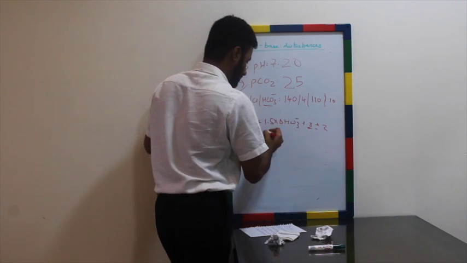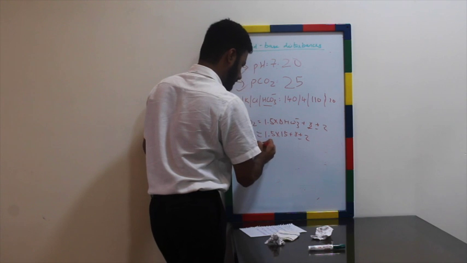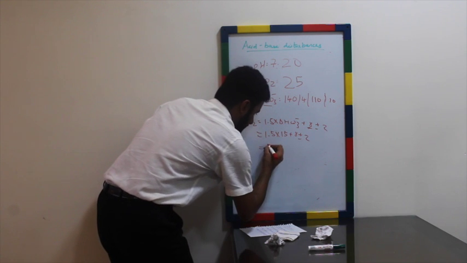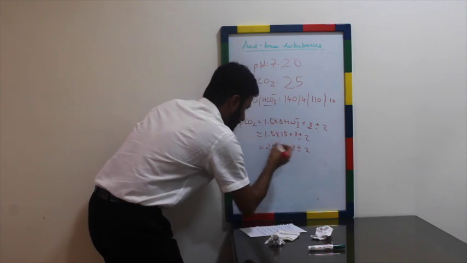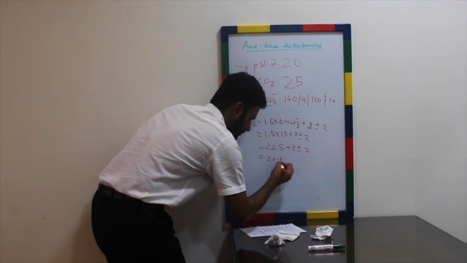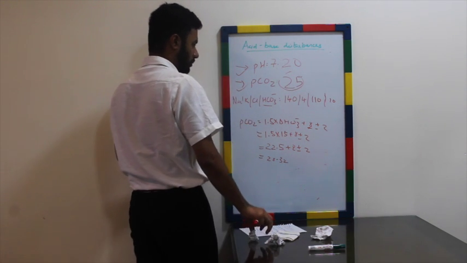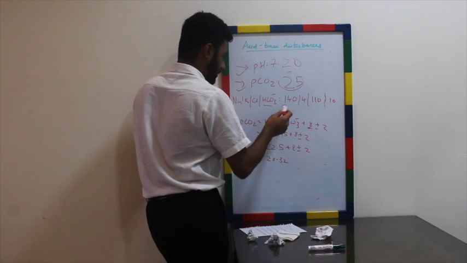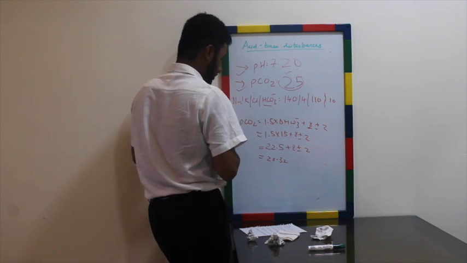So the delta bicarbonate is 15, so it's 1.5 into 15 plus 8 plus or minus 2. 15s are 225, so 22.5 plus 8 plus or minus 2. So you can take it as 30 plus or minus 2, which is something like 28 to 32. But the PCO2 has decreased. So you have a metabolic acidosis with a respiratory alkalosis.